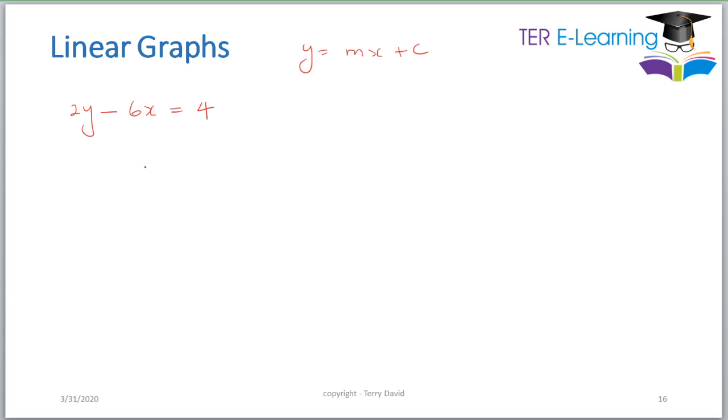So I have an equation here. I am telling you it represents a straight line. 2y minus 6x equals 4. I want to know what is my gradient, and what my y-intercept is. Let's make it a little more interesting now. Let me see what you all do.